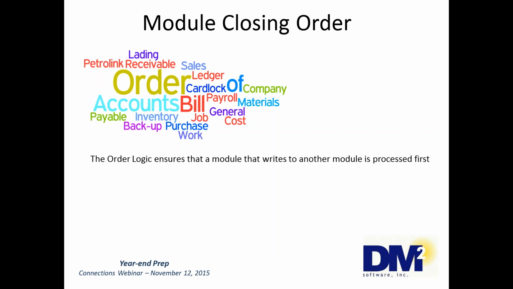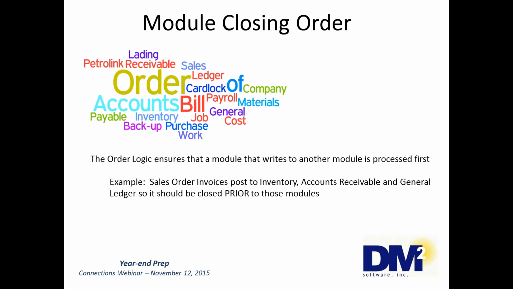A perfect example of that is sales order. Sales order invoices post to inventory and they post to accounts receivable, right? So it releases inventory, updates the customer receivable, and then the daily transaction register, the GL. So it should be processed before you do your period end for inventory and accounts receivable and general ledger.